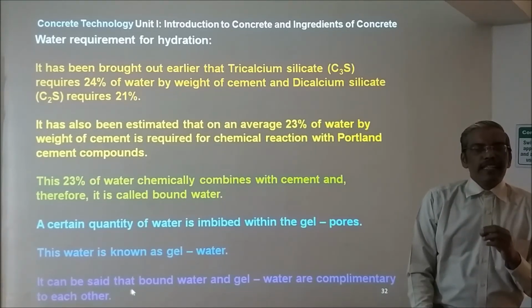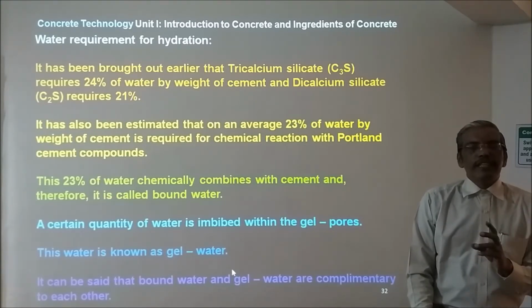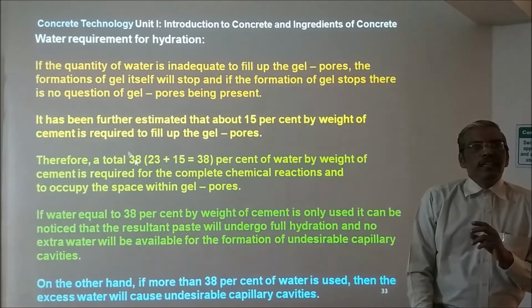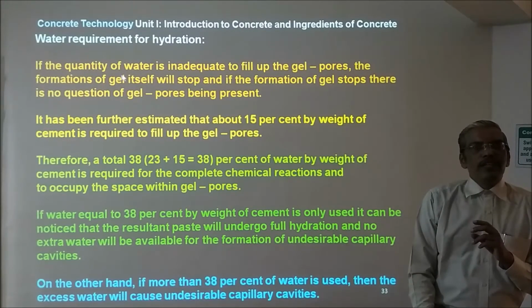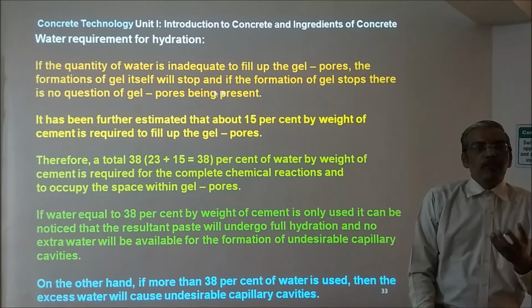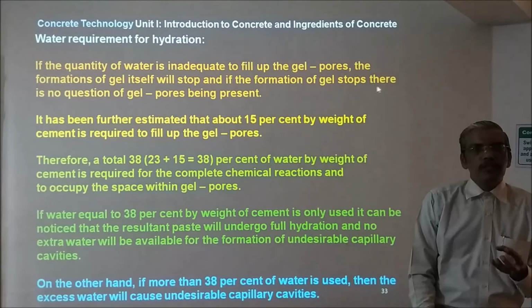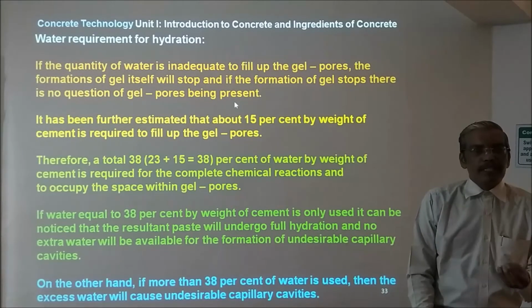It can be said that the bound water and gel water are complementary to each other. If the quantity of water is inadequate to fill up the gel pores, the formation of gel itself will stop, and if the formation of gel stops, there is no question of gel pores being present.